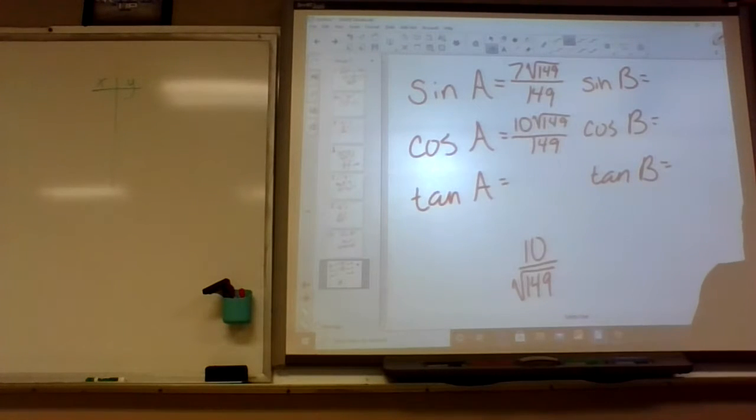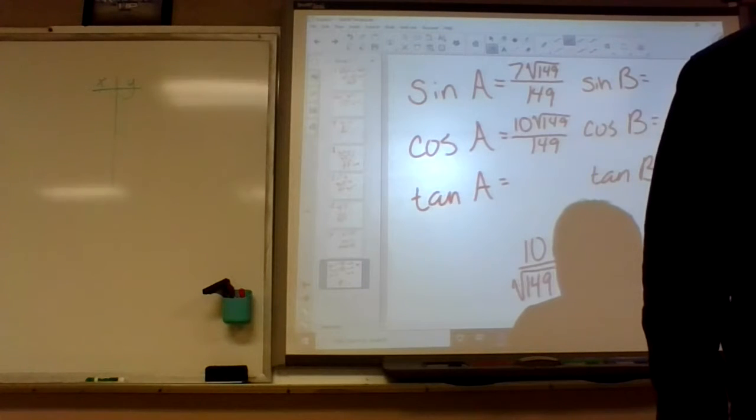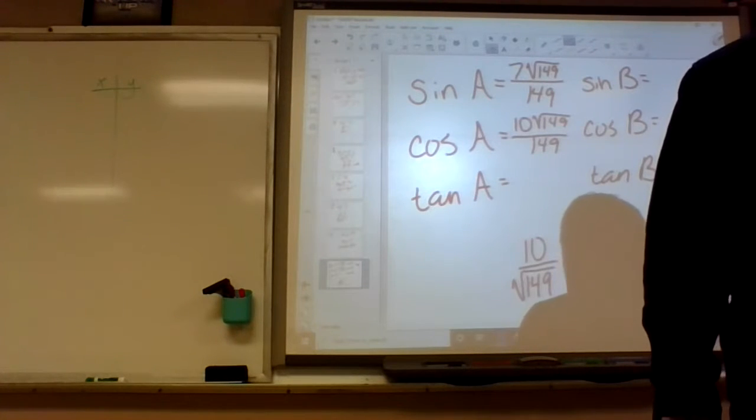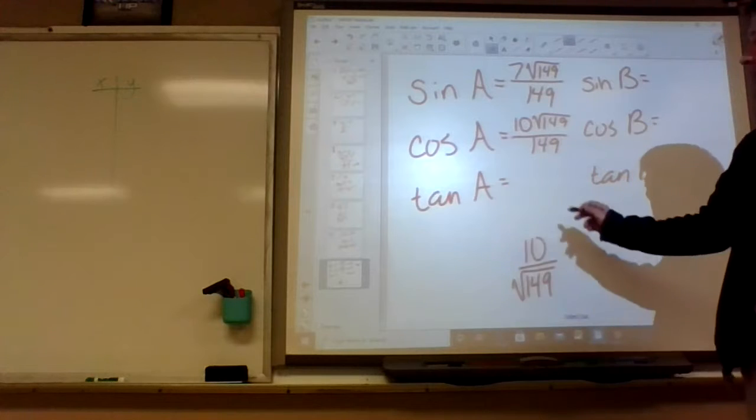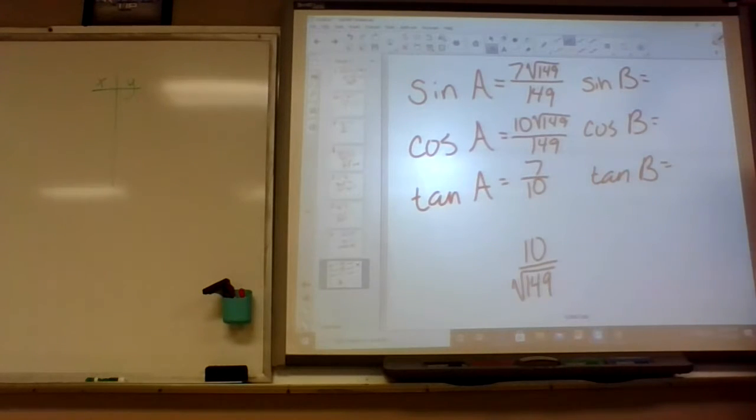Tangent of A. Tangent is opposite over adjacent. What's the opposite of angle A? 7. What's the adjacent? 10. Can I do anything with that? No, it doesn't reduce. You should reduce it, right, Josie? Yep.